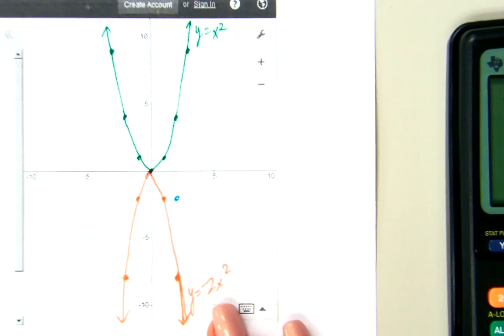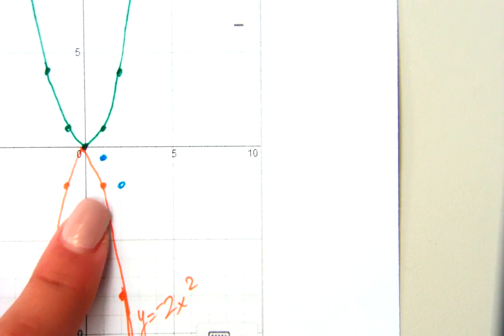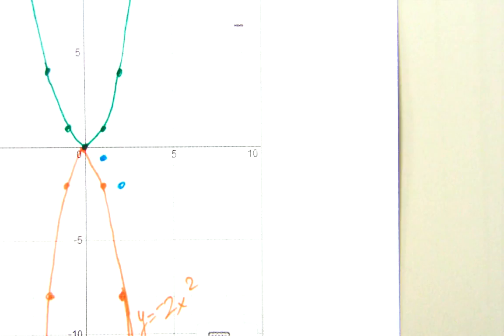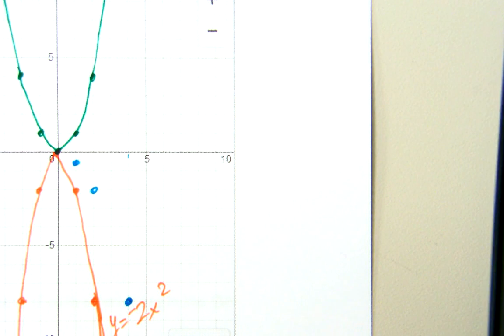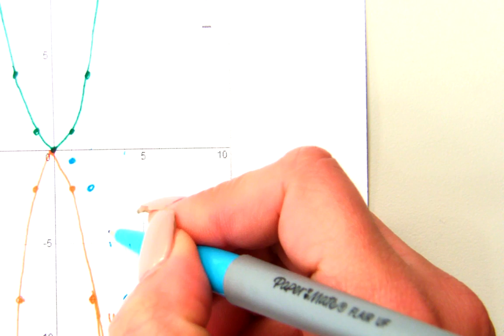Sorry, I'm graphing this part right there. And then 1 is at negative 0.5, so that's halfway, right? 4 is at negative 8. And 3 is at negative 4.5.